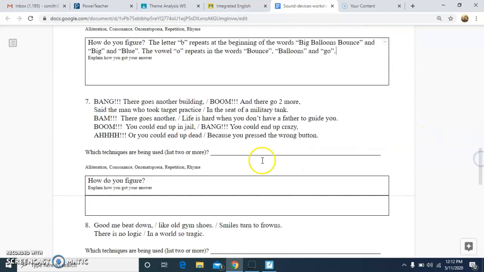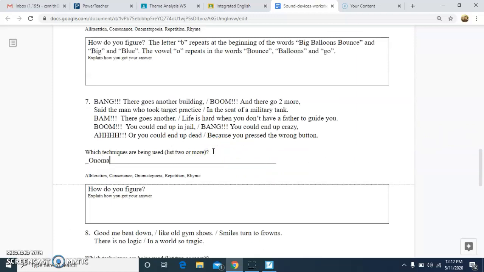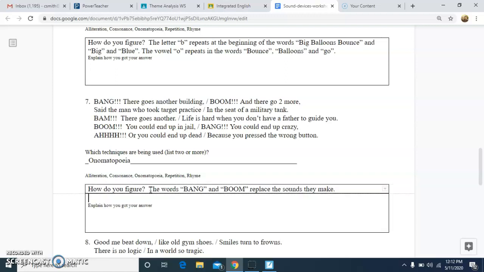Okay. Number 7, great example again of onomatopoeia. Again, how do I explain that? Just again, the words bang and boom. Replace the sounds they make. Okay. Also, if we look carefully here, we'll see that this line is full of a lot of them, but also full of consonants. And again, we would want to make sure we explain what letters repeat where.